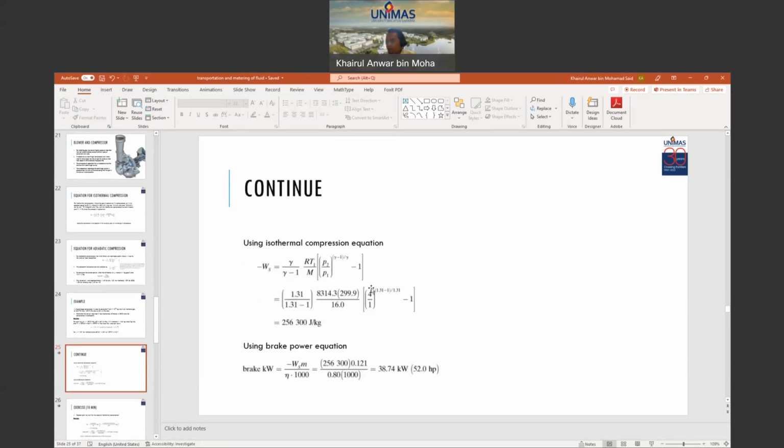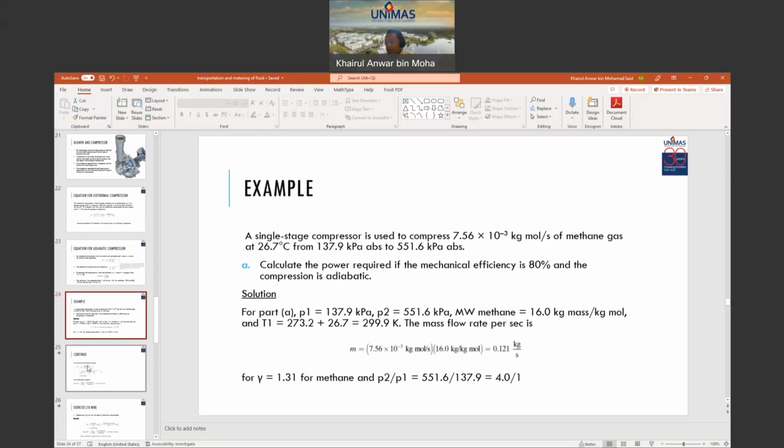Using the adiabatic compression equation, from the previous slide, the mechanical energy: gamma is 1.31 given, 1.31 minus 1, R is 8314, T in Kelvin is 299.9, M is the molecular weight of methane, and 4 is P2 over P1.